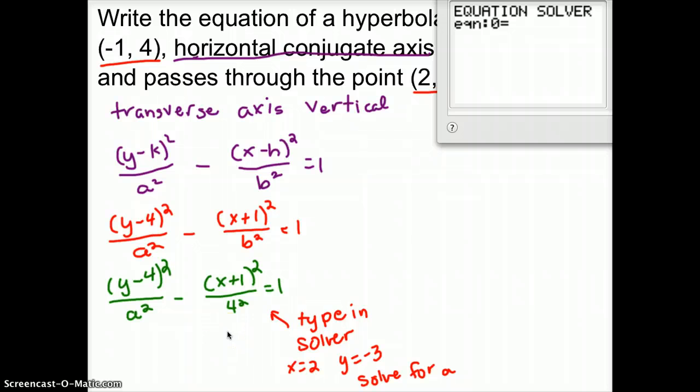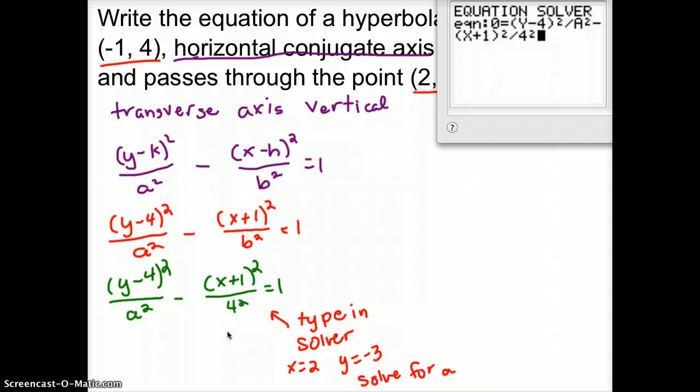So parentheses, y minus 4 squared, oops, I lost my negative sign, y minus 4 squared divided by a squared minus, parentheses, x plus 1 squared divided by 4 squared, and then minus 1.